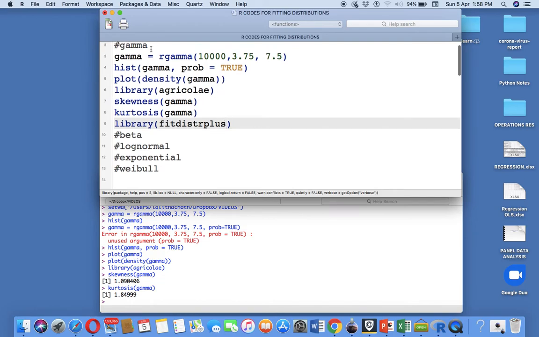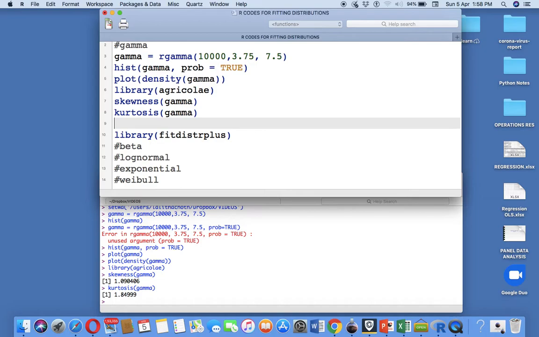So now what I'm going to do is take this data and find out what the parameters are.